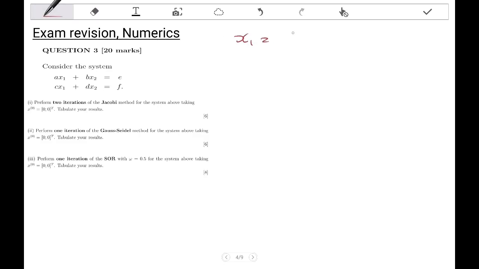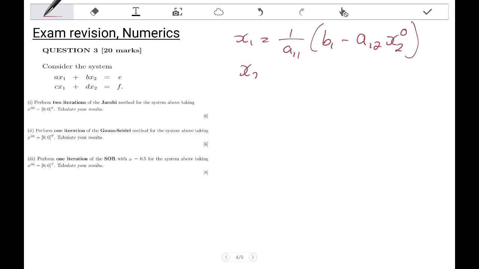For x1 is equal to 1 over a11 open bracket b1 minus a12 x2 to the power 0, which is the initial x.